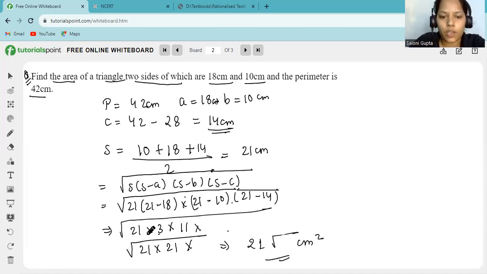So the answer is 21 into 3 into 7, and 3 sevens are 21, and then 11 in the bracket. So our answer became 21 under root 11 centimeter square. So this is the first question.